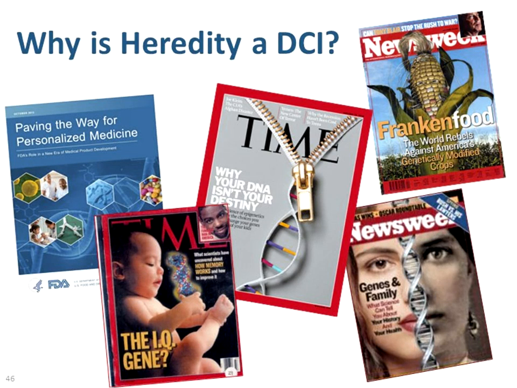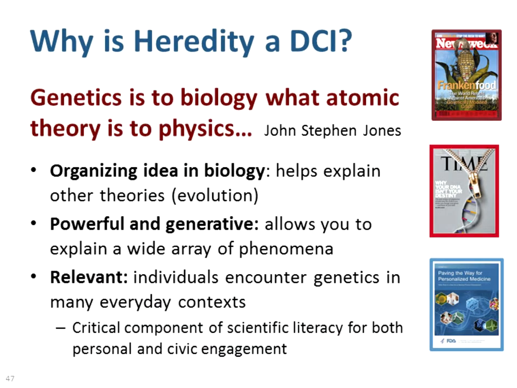But this idea is important even beyond the relevance to everyday life. It's really an organizing idea in biology. I really like that quote by Stephen Jones, that genetics is to biology what atomic theory is to physics. It is an organizing idea. It helps explain other ideas like evolution. If particular variations are not inherited, they're really not fodder for natural selection. This is a powerful and generative idea.